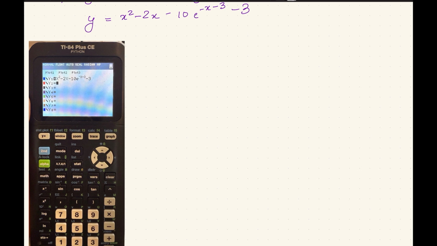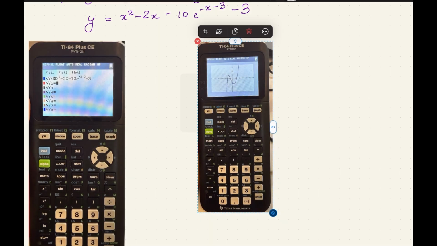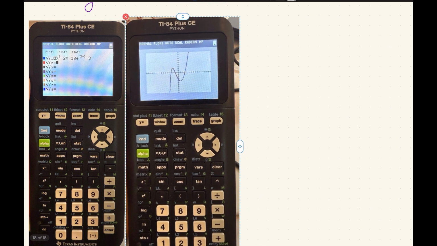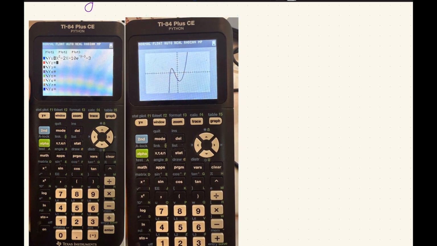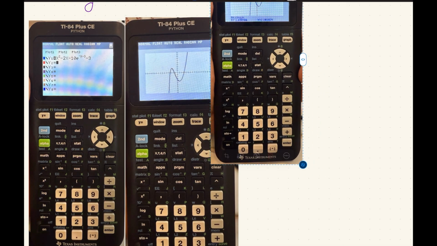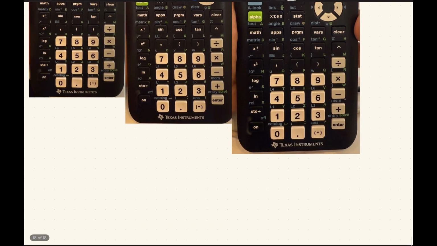This is the graph you should obtain. This would be the coordinates of the maxima. And I'll add another page for minima.